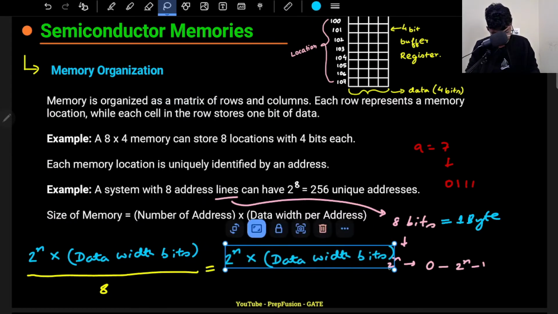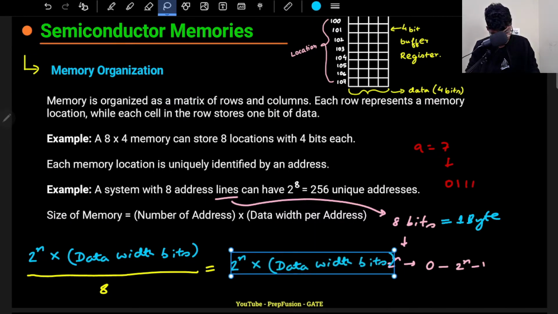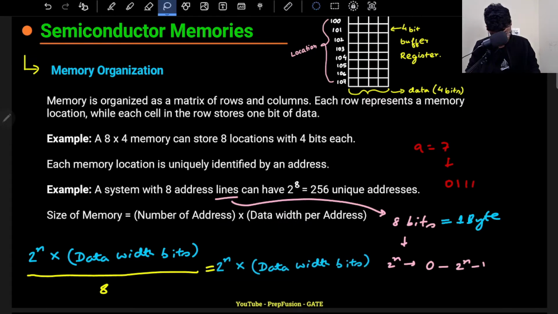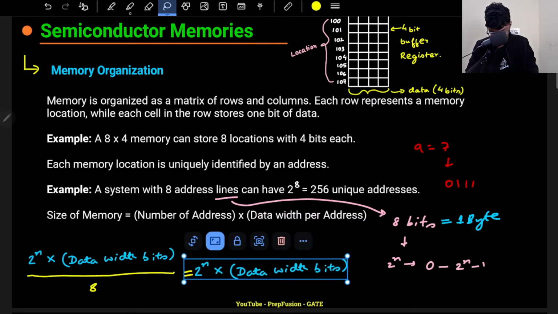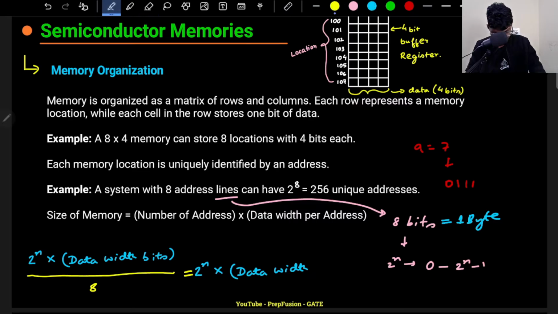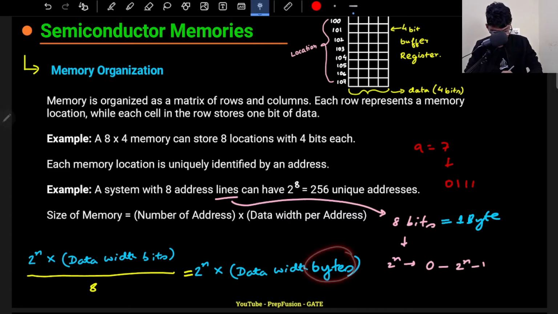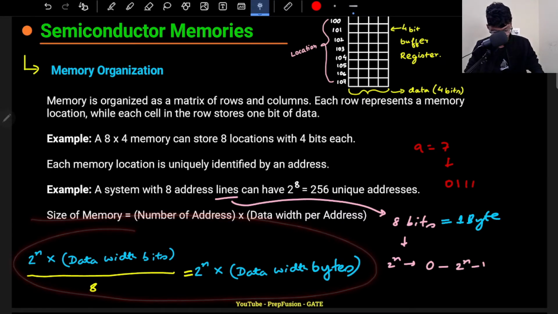Doesn't matter. Whichever one is suitable to you, you do that. Then you don't have to divide by 8, because the unit of bytes is already taken care of. All this is defined in bytes. That is what you have to understand.